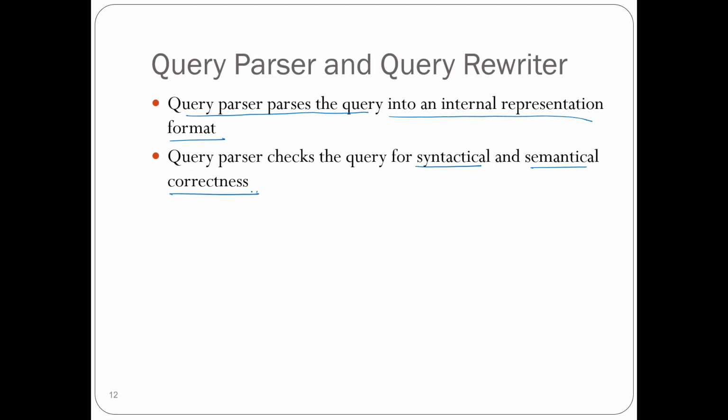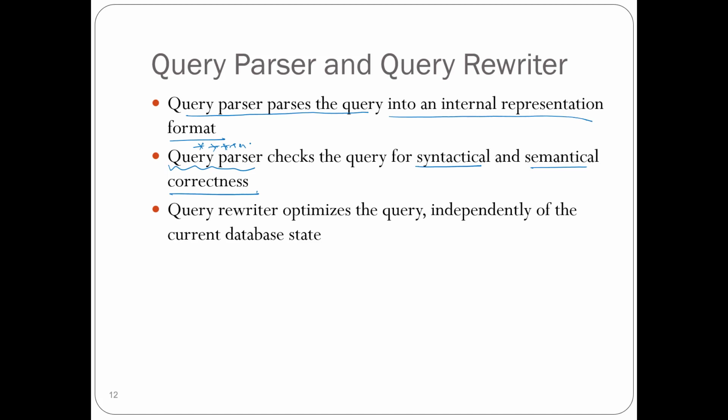But here, the syntactic and semantic correctness would be checked by the query parser. This you need to remember: this is not done by the DML compiler. The DML compiler will simply extract the DML statements from the host language.